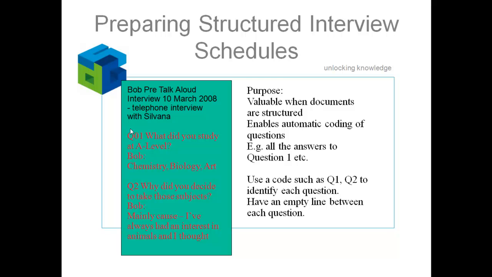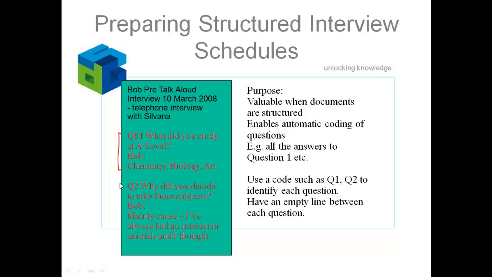The way ATLAS.ti works is that it will find your unique identifier, and then you can set the automatic coding feature so that it will code from the unique identifier until it finds a multiple hard return, i.e. when you create a blank line, you are pressing enter twice, which is a multiple hard return. So now it will automatically code that whole extract as an answer to question 1.